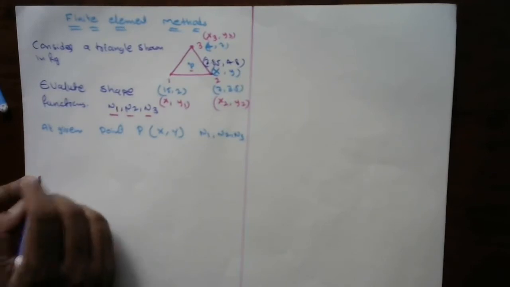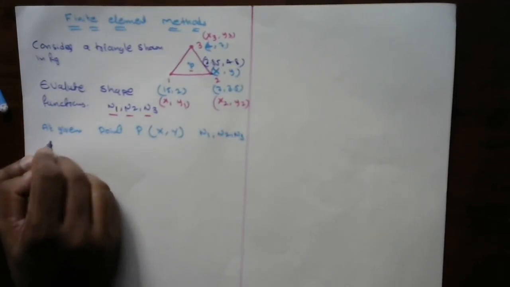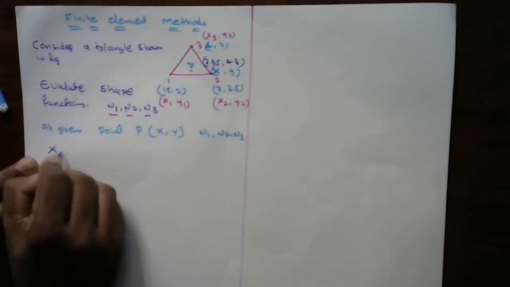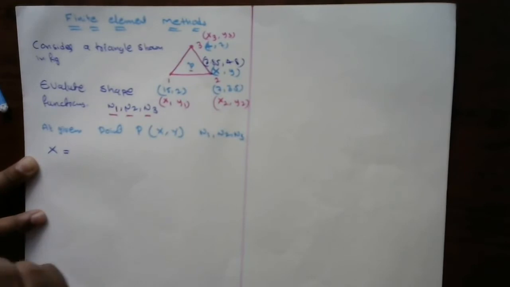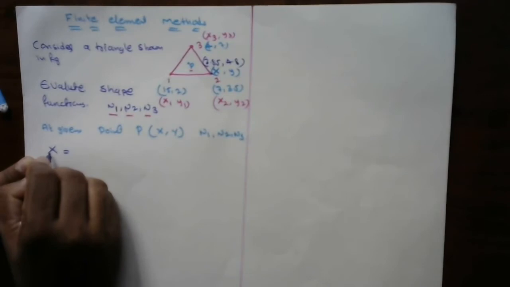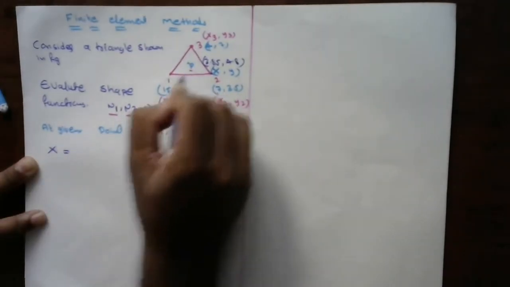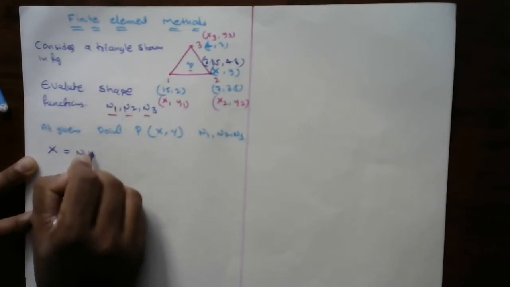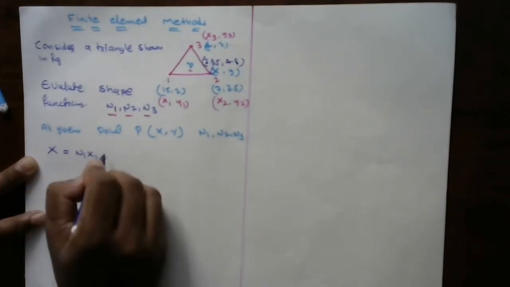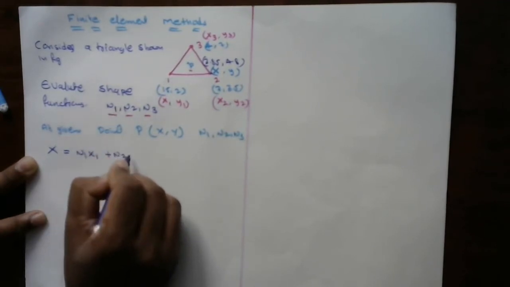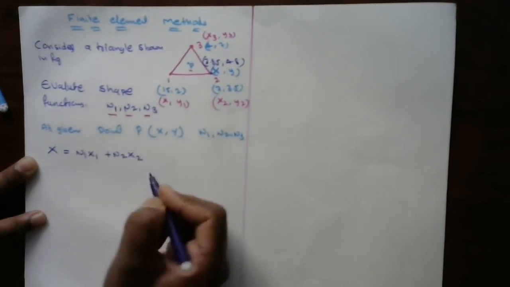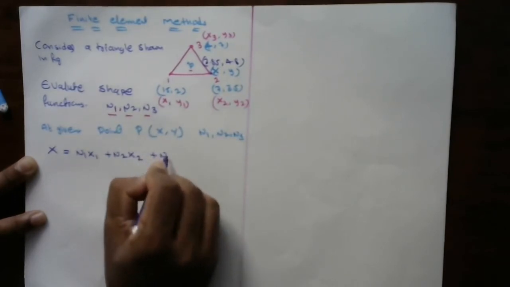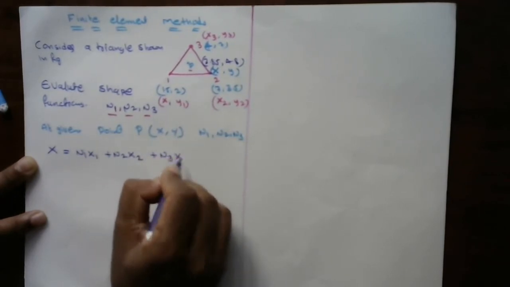Okay. So we know one equation from the previous class: x can be written as a function of the shape functions as well as the nodal coordinates. Therefore, at the given point P, x can be written as the shape function times the nodal coordinate value at node point 1, similarly n2 times x2 at node point 2, and similarly at node point 3, n3 and x3.